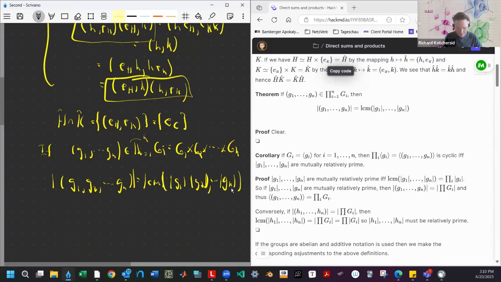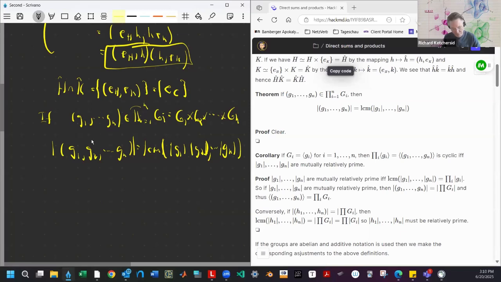So you have to look at all those different orders and take the LCM of all those things.